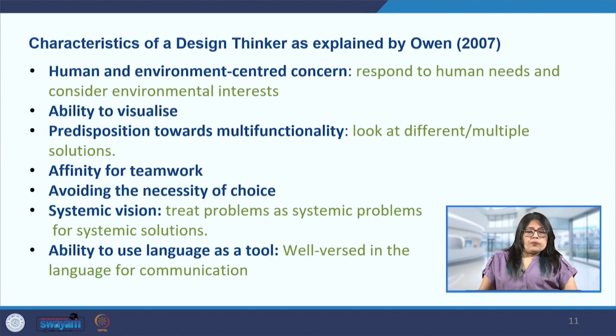For this to happen successfully, we have to understand the user experiences, the cultural context, and the environmental impacts, to create solutions that are sustainable, ethical, and beneficial for all stakeholders who are involved.